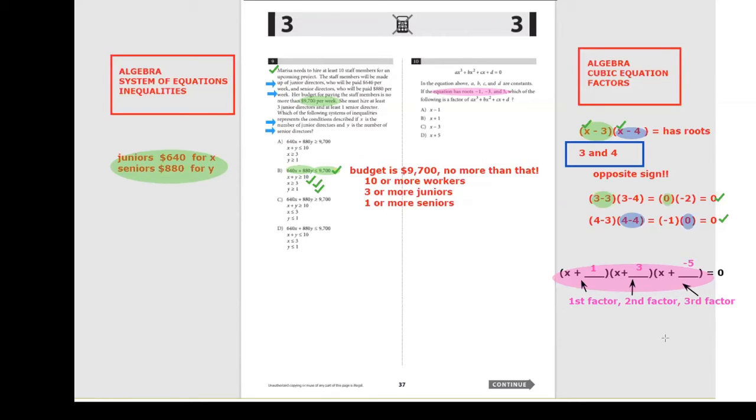So of the answer choices, are any of them a match? Are any of these factors 1, 2, or 3?